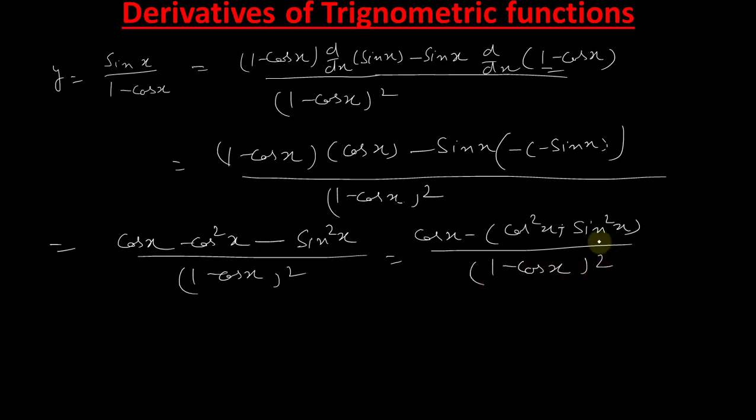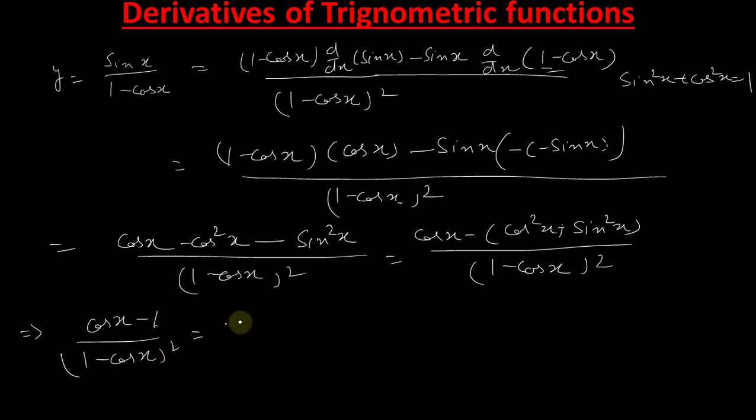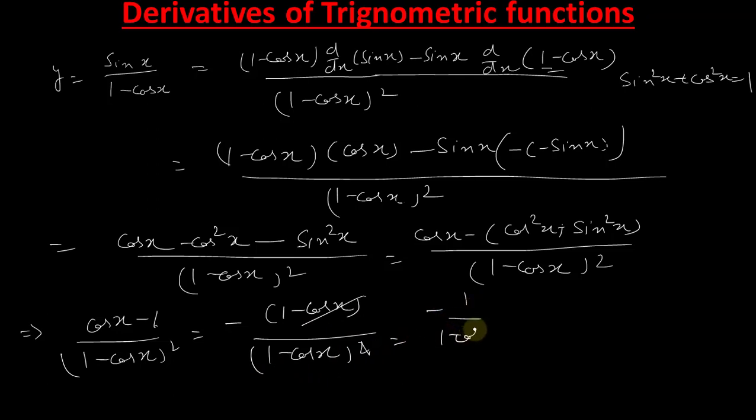Now cos square x plus sin square x is 1, a trigonometric formula, so it becomes cos x minus 1 upon (1 minus cos x) square. If we take negative common, negative (1 minus cos x) upon (1 minus cos x) square, one power gets cancelled, so it is minus 1 by 1 minus cos x.